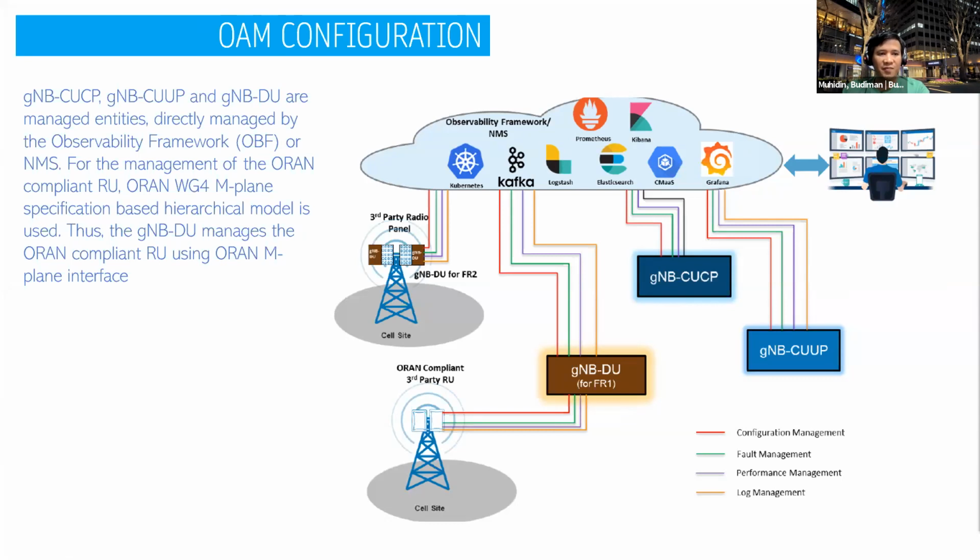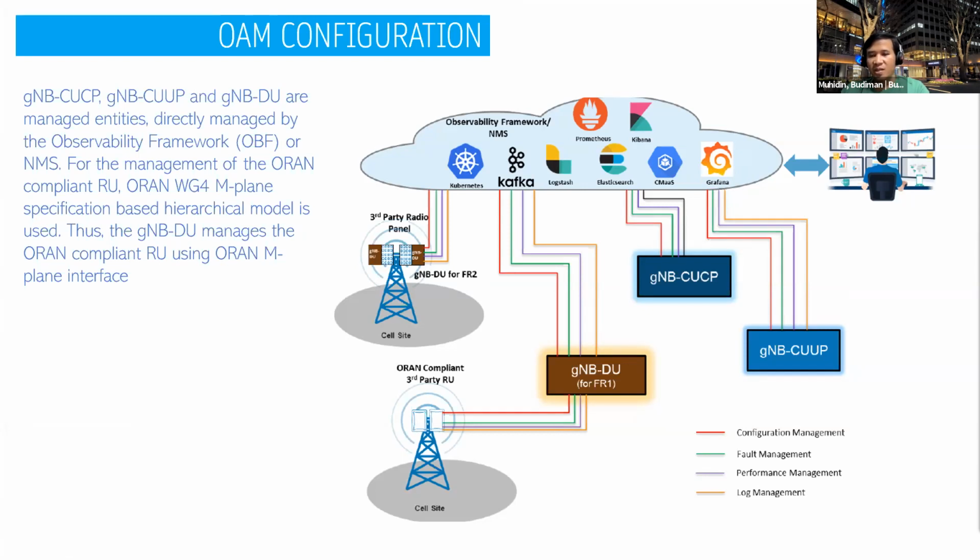And also we have performance management, which in this Kubernetes cloud also manages the performance management counters generated by CU and DU, and these are directly ingested into OBF and MF using web-scale friendly protocols such as Kafka. So the performance counters of the ORAN-based O-RU are specified by the DU in CSV format.